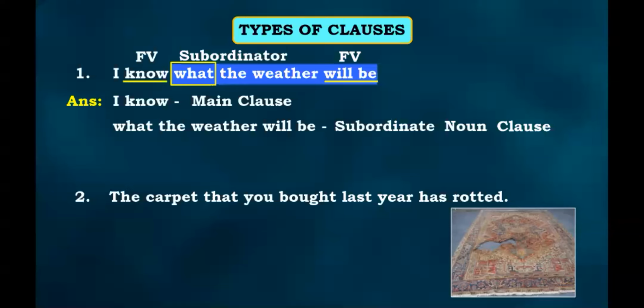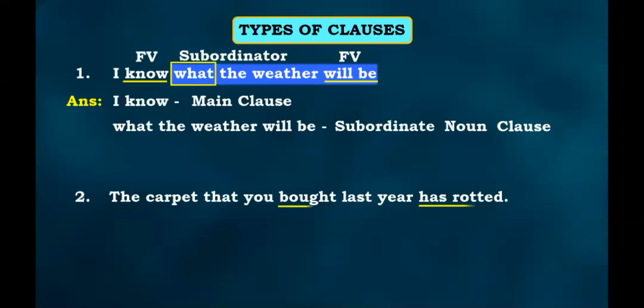It's bought and has rotten. Both of them are finite verbs. Come on, pick out the subordinator, step 2. Yeah, correct. That. Now, you know that the subordinate clause will begin from that because that is the subordinator.